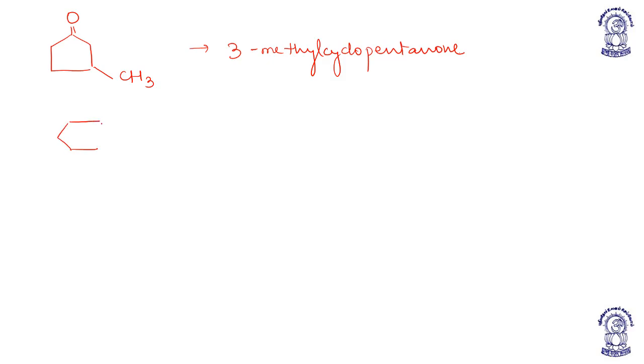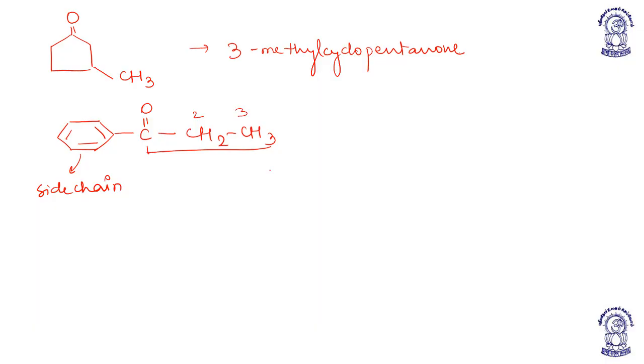If an aromatic compound is attached as a side chain to the main parent hydrocarbon, then it is considered a side chain, and this is the main compound. So 1, 2, 3.